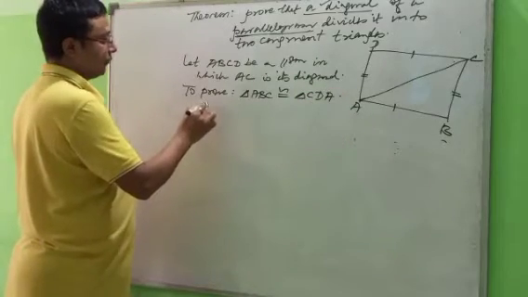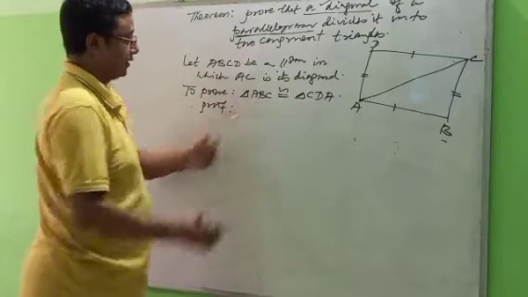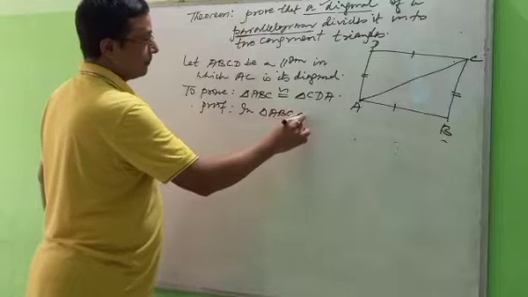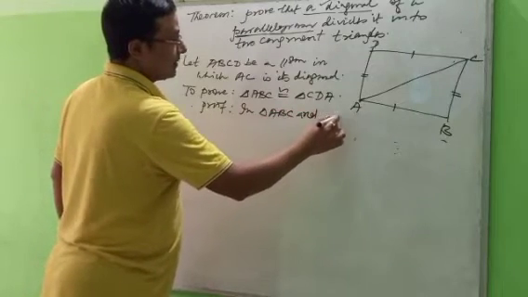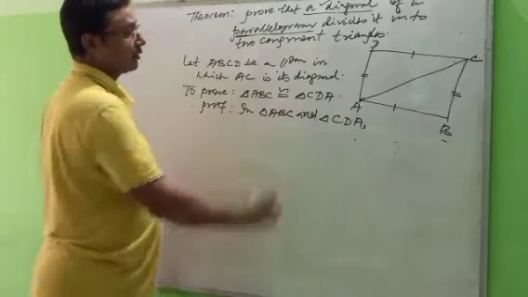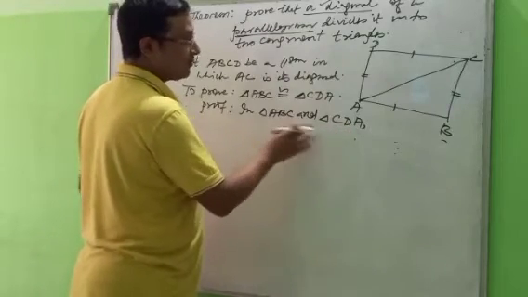Now here is the proof. You will make the two triangles congruent. So in triangle ABC and triangle CDA, you have got from these two triangles their corresponding parts.